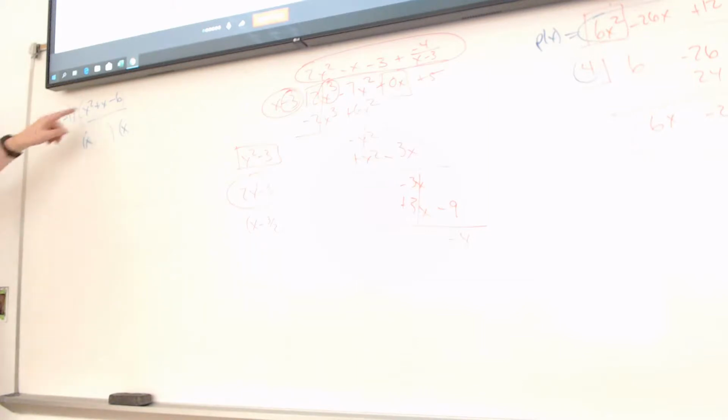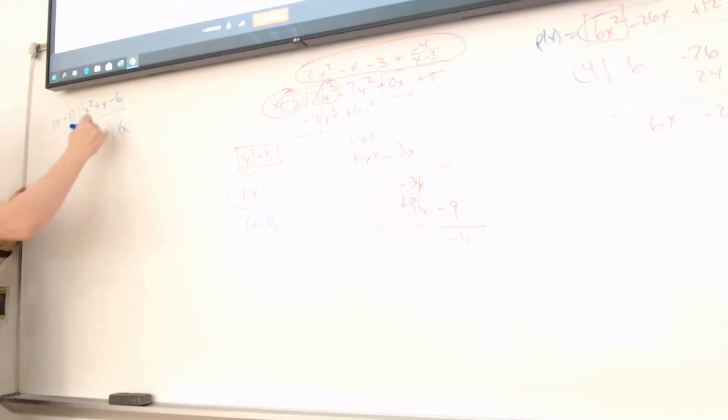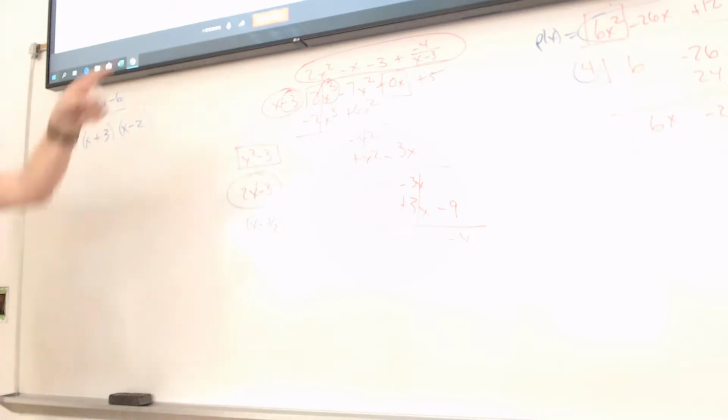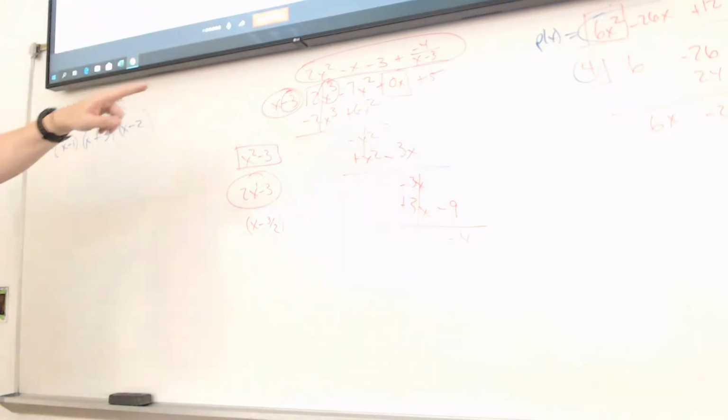Which one do you think would be better to give you a 1 in the middle? The 3 and the 2? I'll bring my x minus 1 down. Now, is it a plus and a minus, or a plus and a plus, or a minus and a minus? A plus and a minus. Plus 3 minus 2 is plus 1. Positive times a negative is a negative. Okay? So now we've taken that whole big thing and factored it.